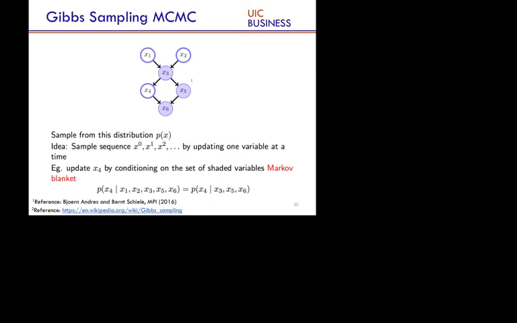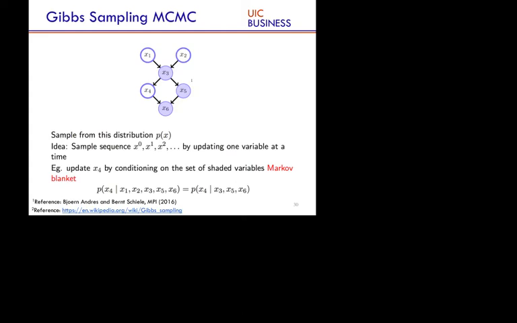So all I'm saying is, if you have x0, I'm going to first get x1. Let's say I go x1, x2, x3, x5, x6, and x4. So I'll get x1 superscript 1, which is a realization from the probability of x1 given something. In this case, it's going to be all the values of x0.